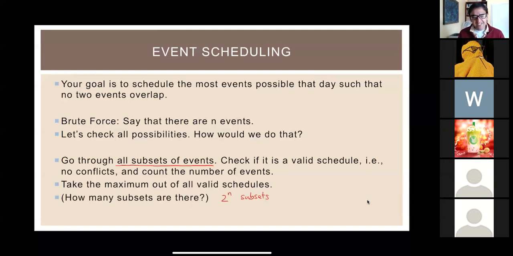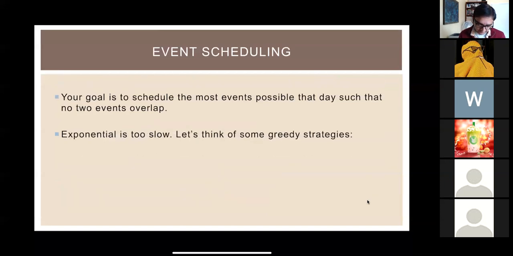So let's see if we can solve this problem using a greedy approach. Exponential is too slow, so let's think of a greedy approach. We have these n events. Can you suggest a greedy strategy?